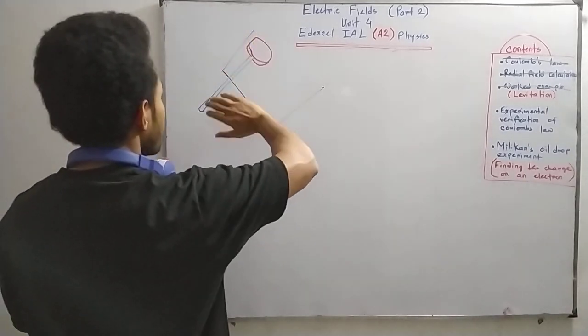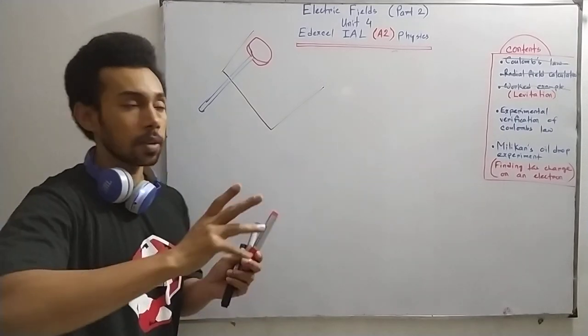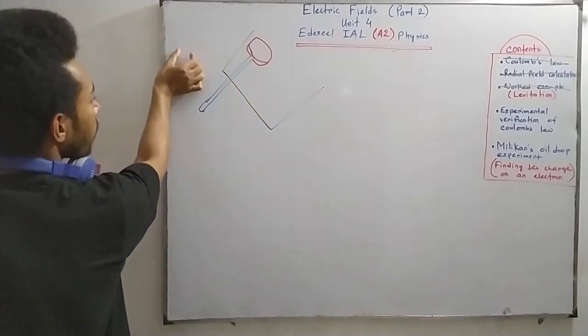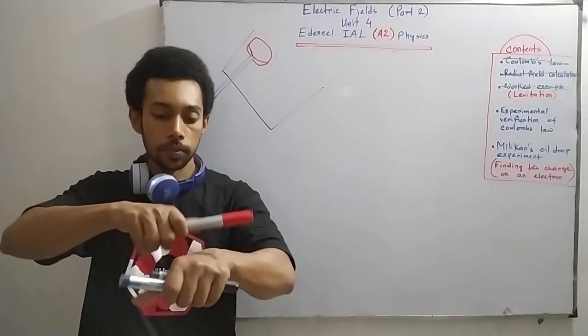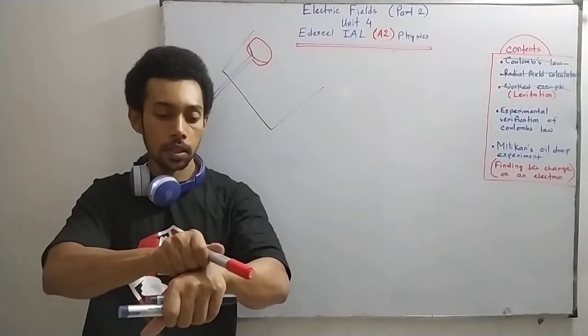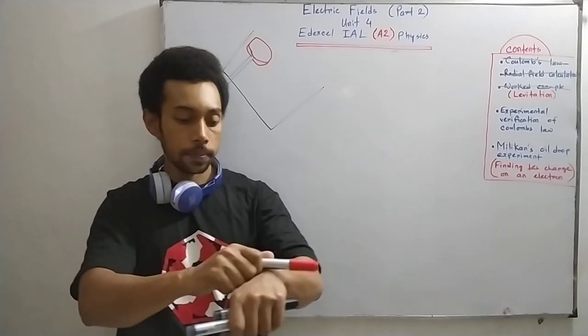this is the torsion balance, or it is also called a rotating balance. That means you can rotate it, like this.